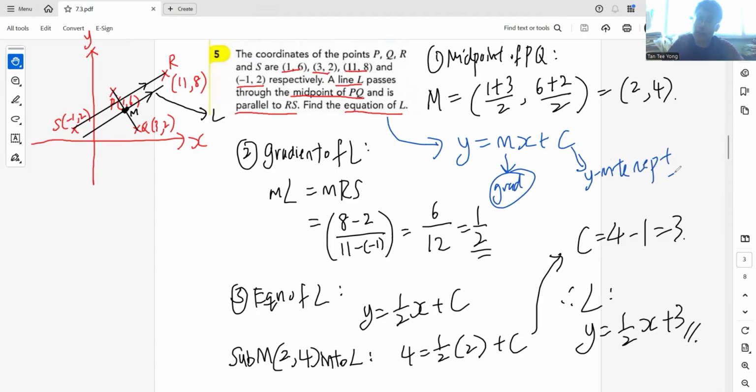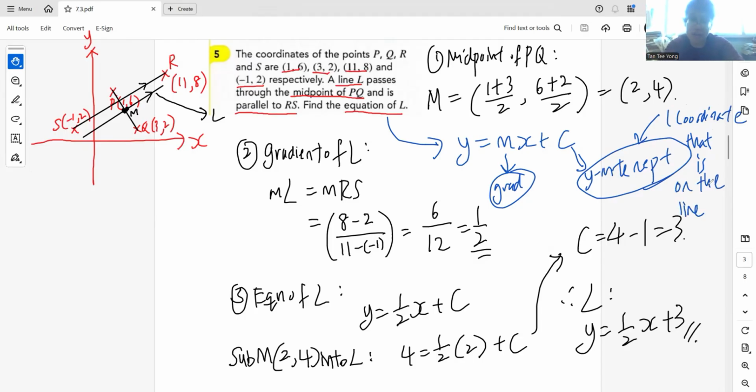So in order to find the y-intercept, you must have one coordinate that is on the line that you are finding or is given. Okay, and then the gradient here, it depends. In this case, they tell you that a line is parallel to this particular line L that you're finding. So parallel means gradient same.